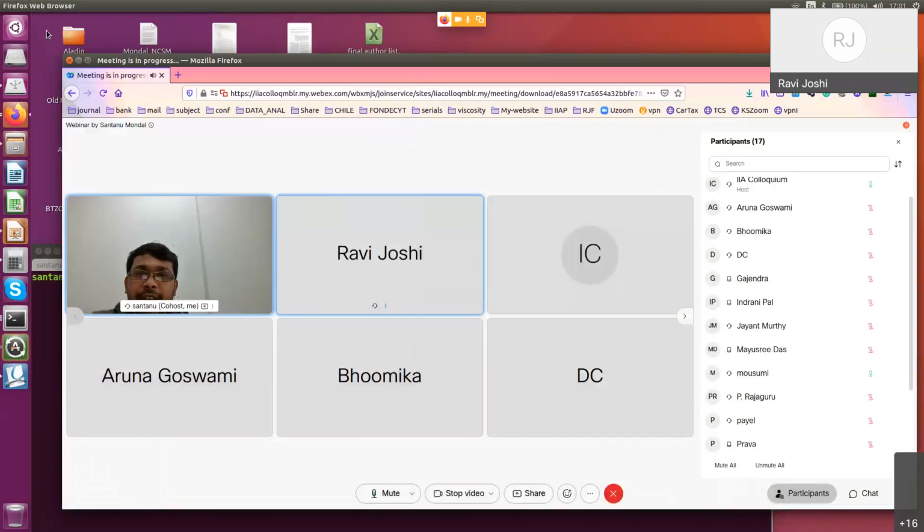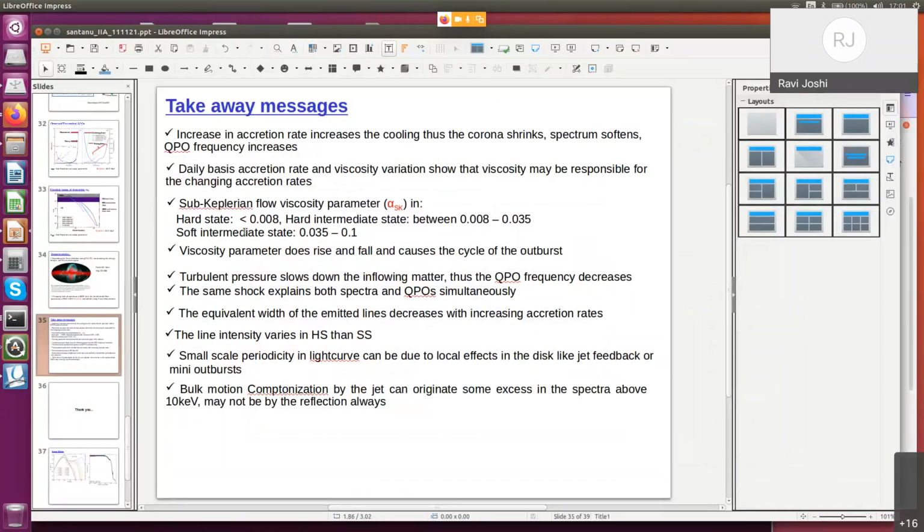I just wanted to know how these results depend on the position of the corona. So far, what you have studied is a corona along the disk plane, but what if the corona is not in the disk, but somewhere else?